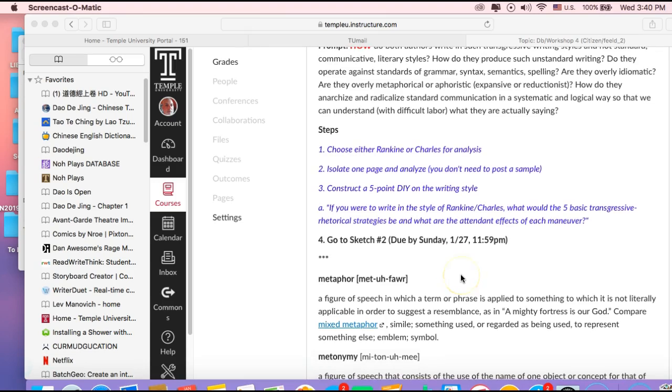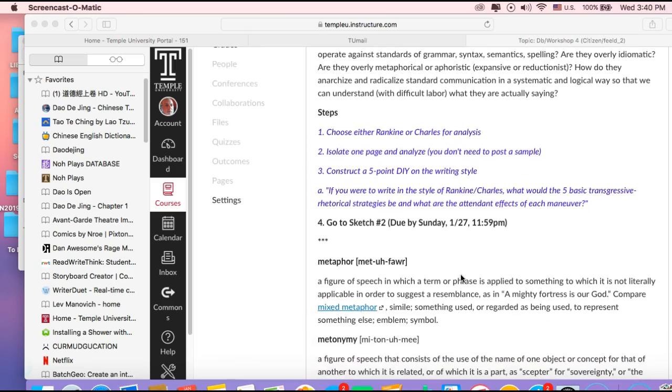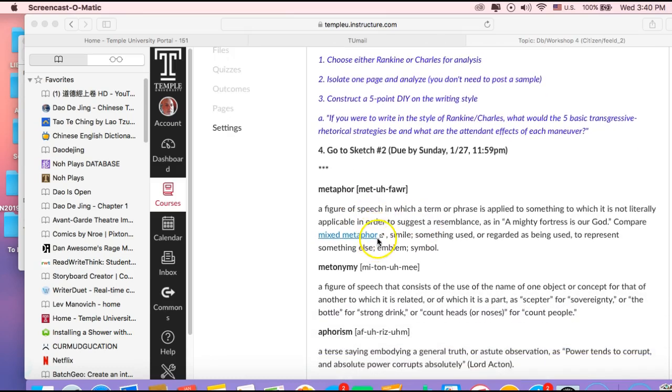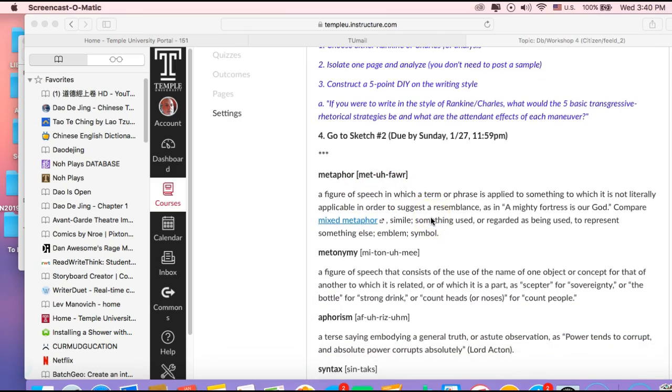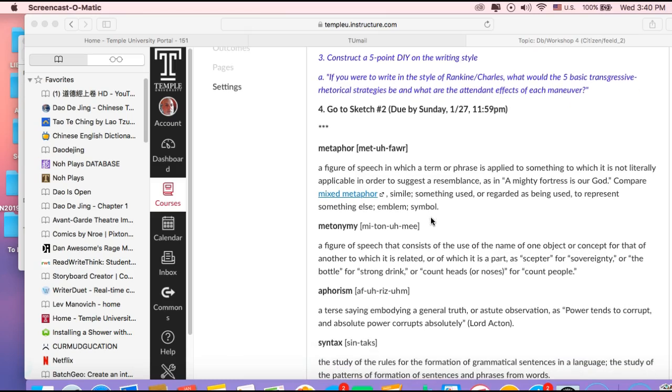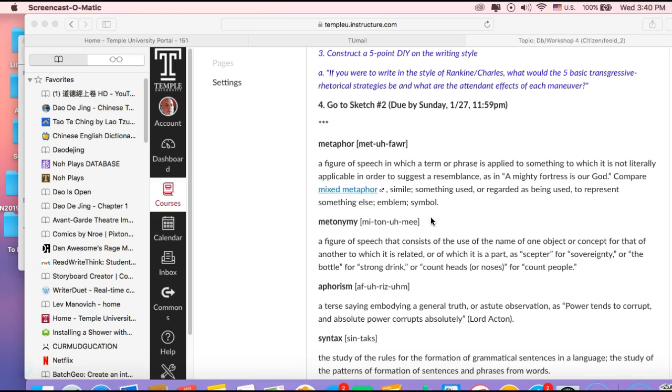And then, after you do that, then you can move on to sketch two. Okay. So, looking at some, I give you some vocabulary down here, right? So these are rhetorical tropes or rhetorical language, things you might find useful when you do your analysis, okay?